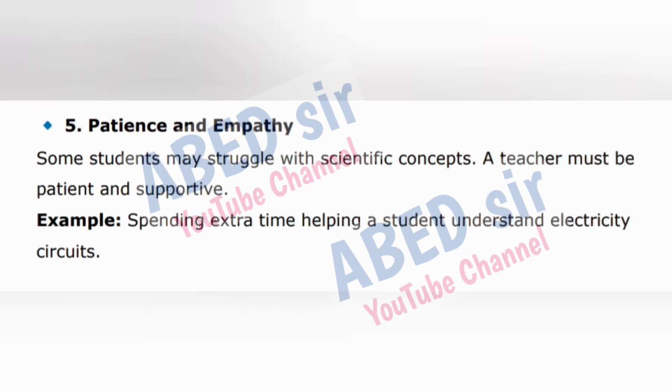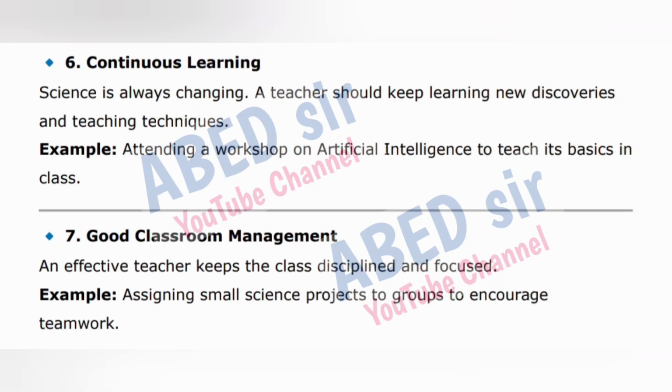5. Patience and empathy. Some students may struggle with scientific concepts. A teacher must be patient and supportive. Example, spending extra time helping a student understand electricity circuits. 6. Continuous learning. Science is always changing.